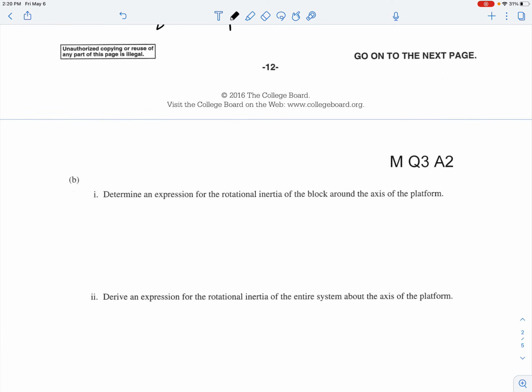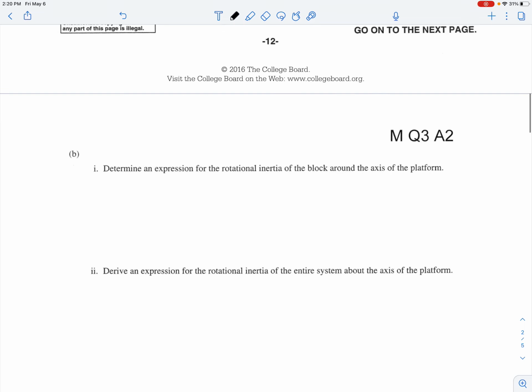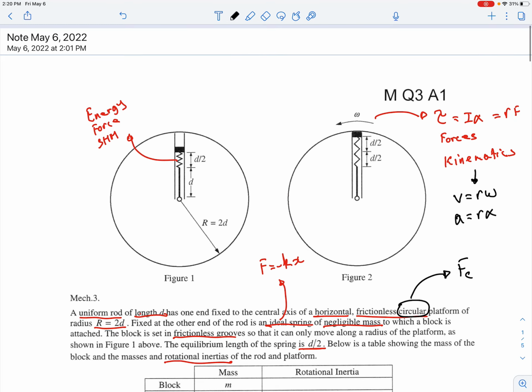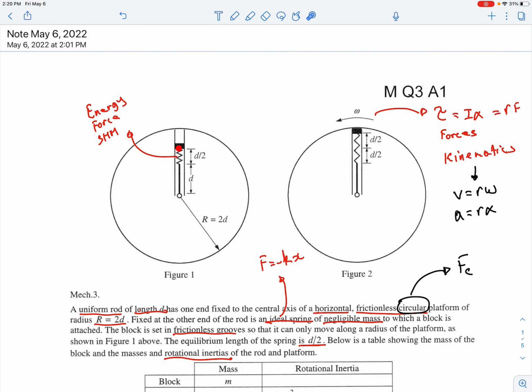Determine an expression for the rotational inertia of the block around the axis of the platform. Oh, the block, right? That's easy. You're going to treat the block as a point mass. What is a point mass?